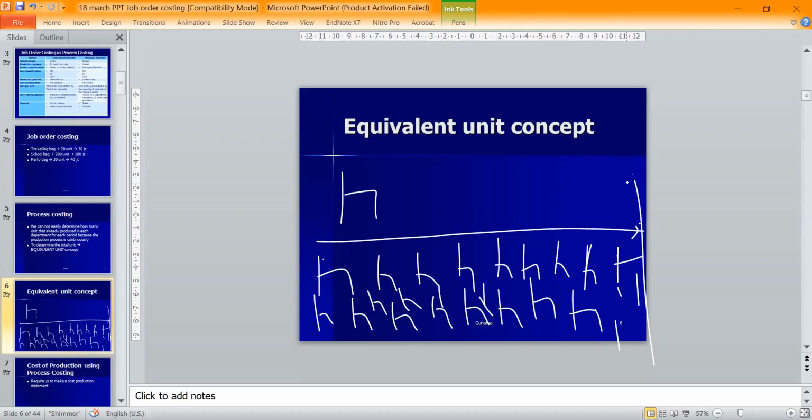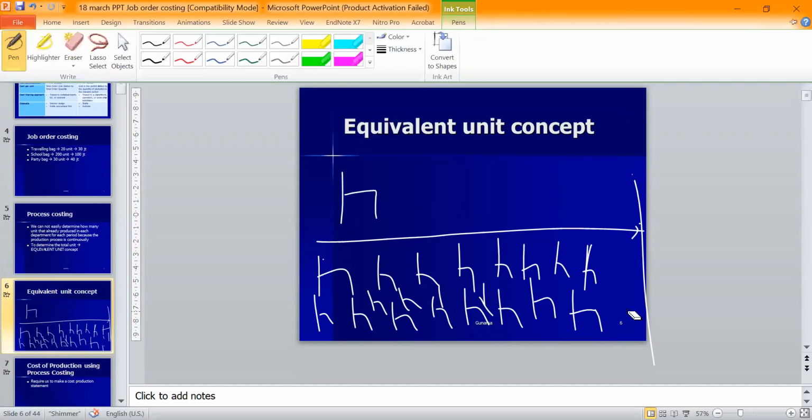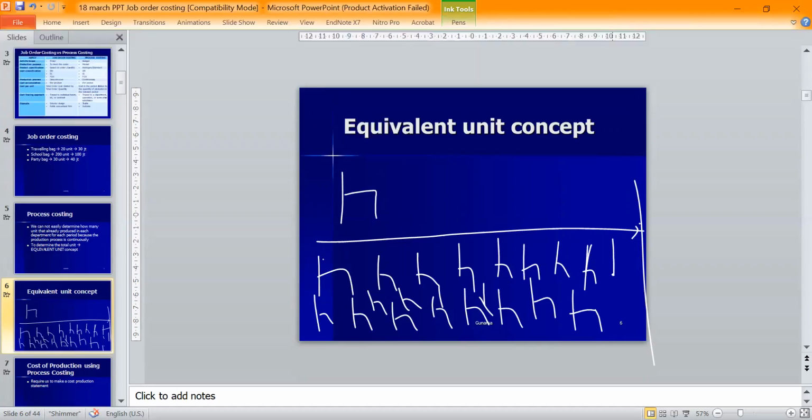Let's say only this part is finished, just like that, and maybe the other chair like that, and maybe the other chair like that. So there are some products that are not complete 100%. So that is the equivalent unit. We determine that this unfinished product is equal to what number of units produced.